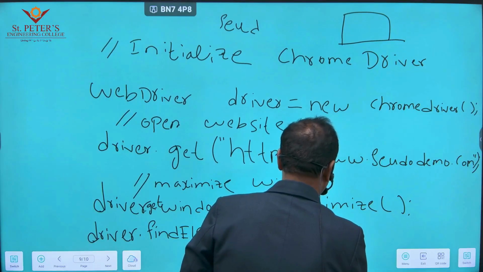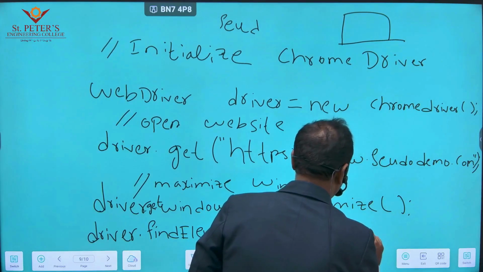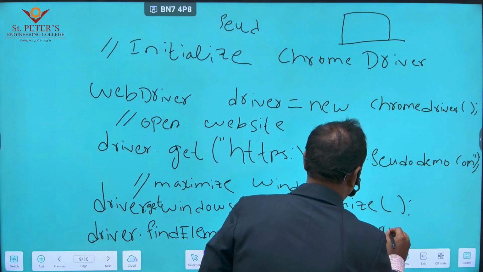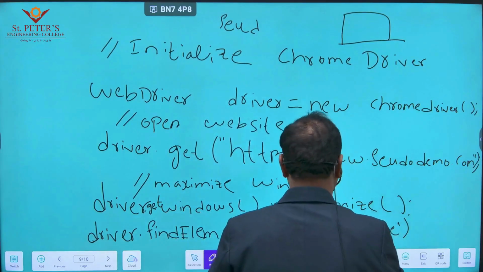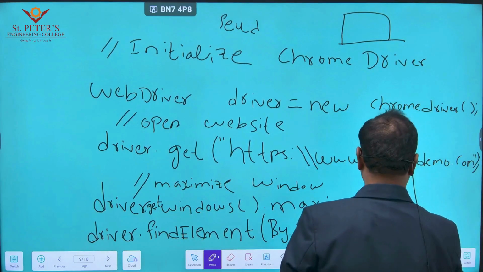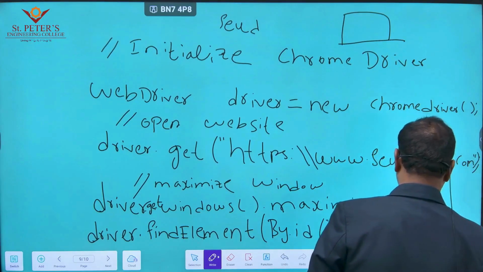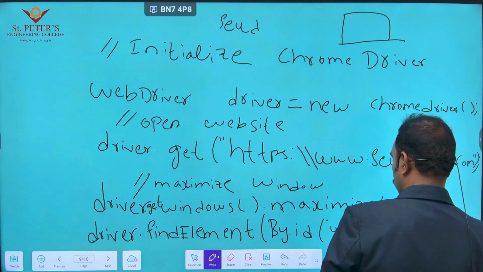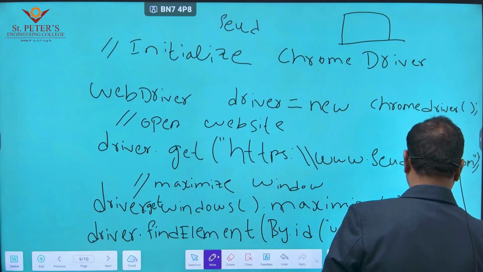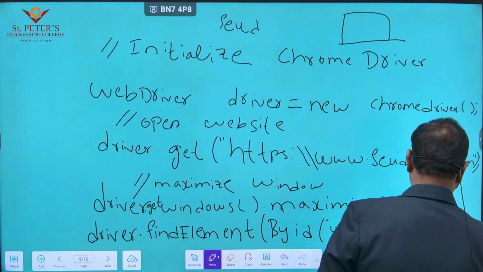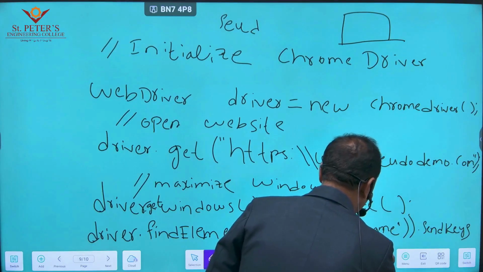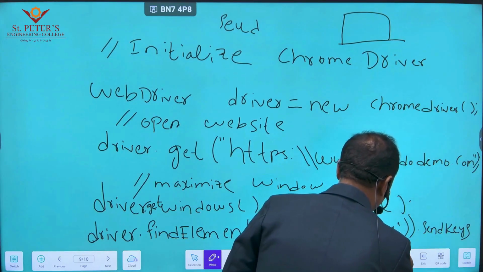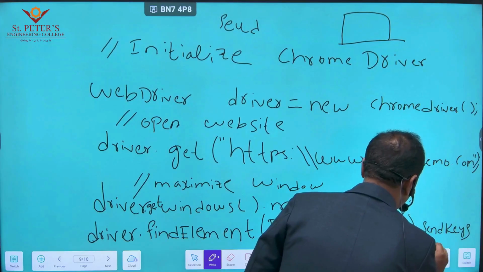Here I declare user underscore name, dot send keys, standard underscore user.